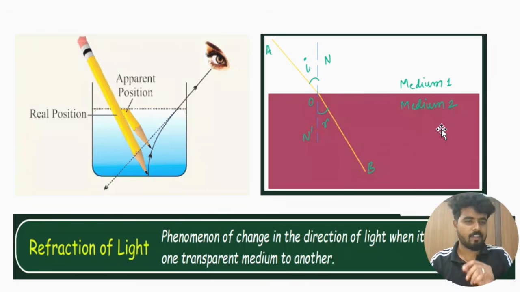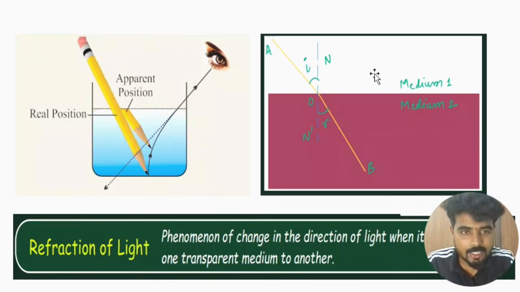Examples for rarer medium: air and vacuum. Examples for denser medium: water, ruby, diamond, glass.